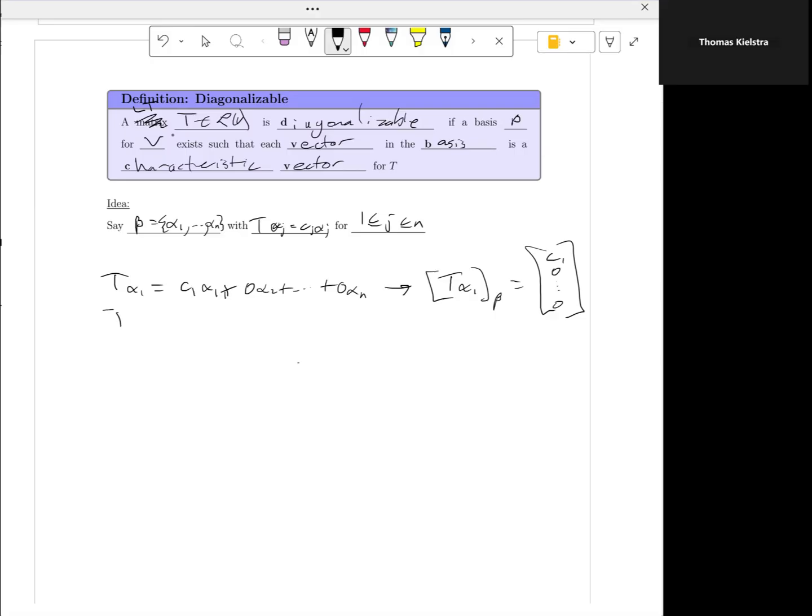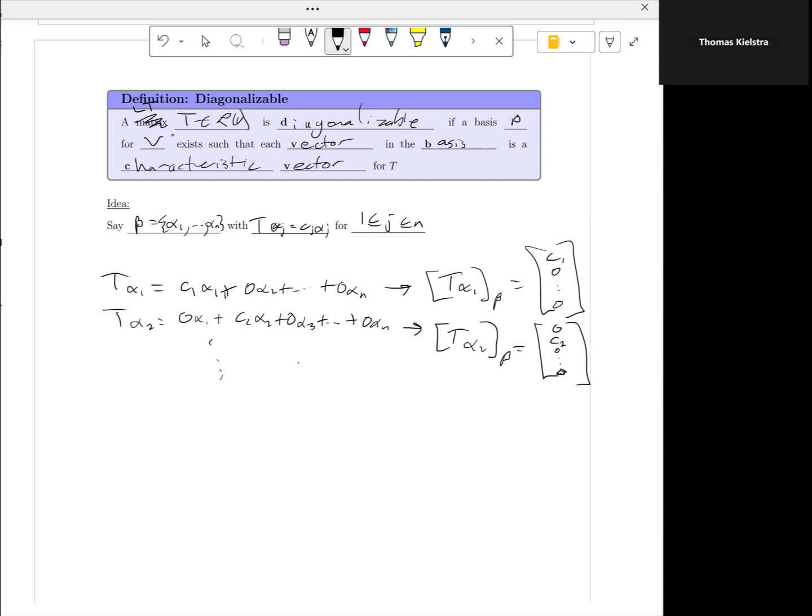If we apply T to alpha 2, we get 0 alpha 1 plus C2 alpha 2 plus 0 alpha 3 up to 0 alpha n. So the coordinates of T alpha 2 are 0, C2, 0, up until 0.